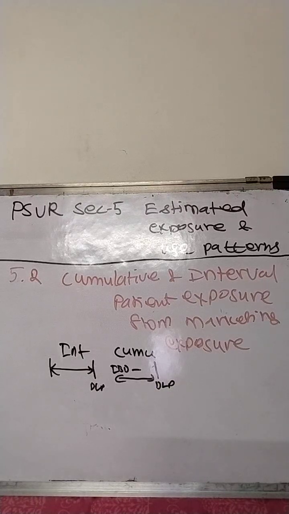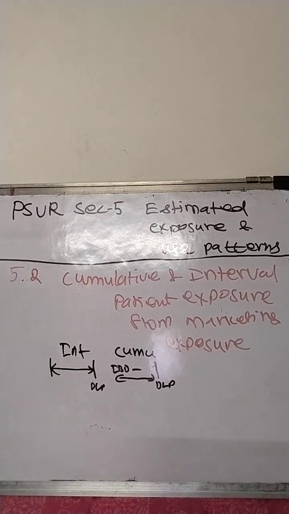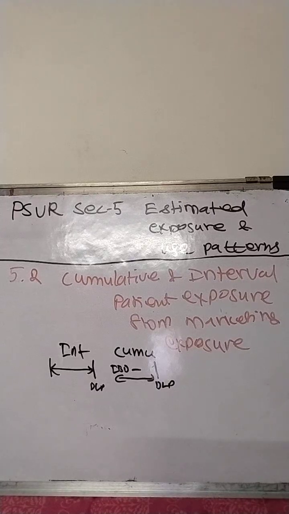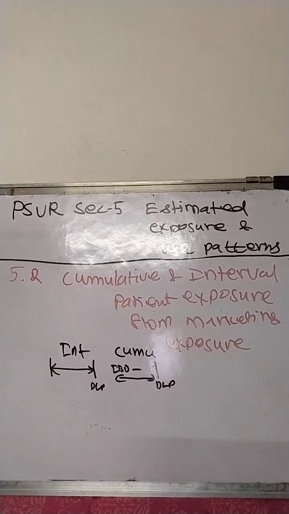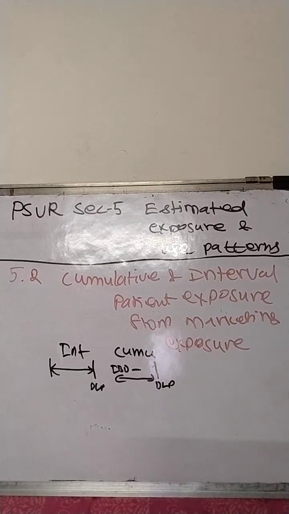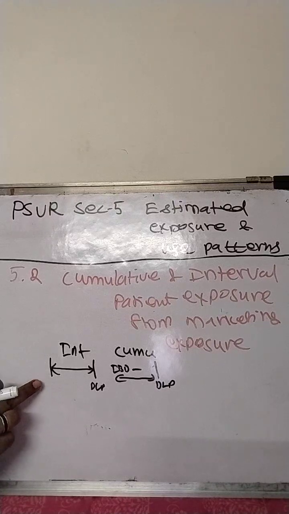For example, some women's health product might be used as a cycle, some anti-infective is used in a different way, and routine diabetic or blood pressure control medications are used in a different way. So the method of calculation differs from medicinal product to medicinal product, and that methodology has to be very clearly given here.